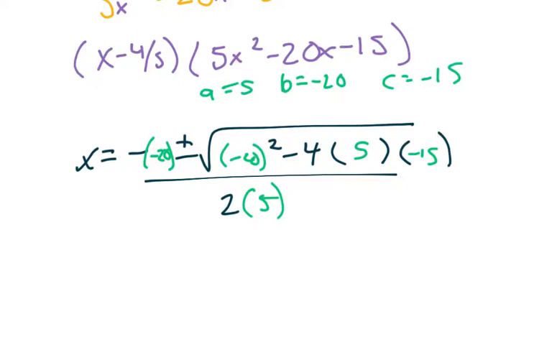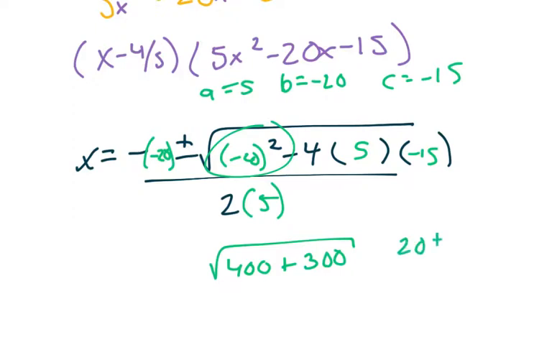That means that everything can be evaluated, so negative 20 squared inside of the square root makes 400, and then I'm going to add 4 times 5 times 15 because of all the negatives. Yikes, so square root of 700. So, officially we'll have 20 plus or minus, because negative negative 20, square root of 700 over 10.